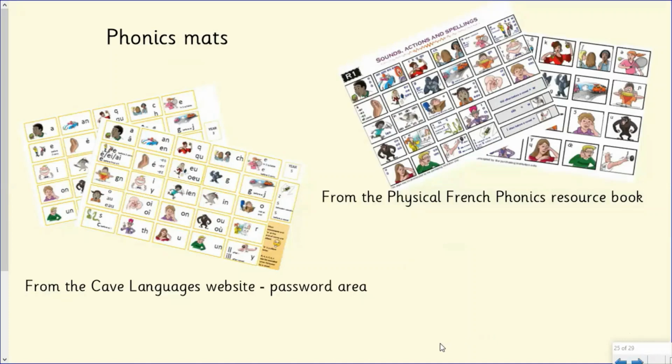Knowledge organisers are also very popular at the moment, and not only including vocabulary, but phonics is a really good way of supporting learning in your classroom. You could provide and print off the whole phonics chart, which is in the Physical French Phonics book, and also the IPA one.